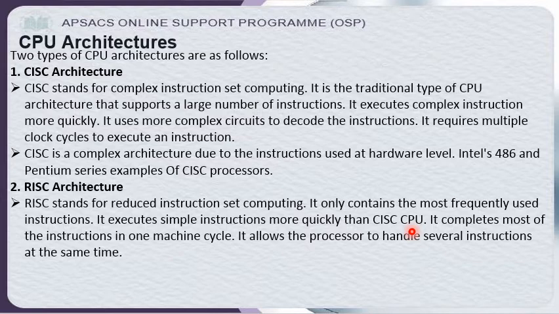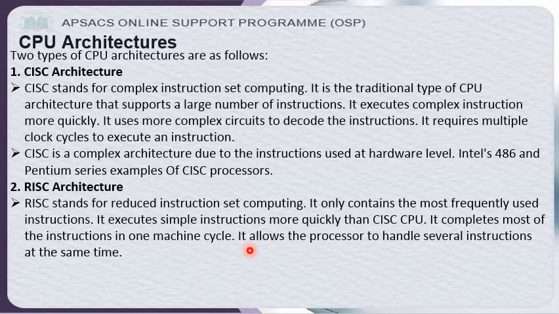It completes most of the instructions in one machine cycle. But if you remember, in a CISC architecture, multiple clock cycles are required to execute an instruction. But when we talk about RISC, it requires only one cycle to execute an instruction.